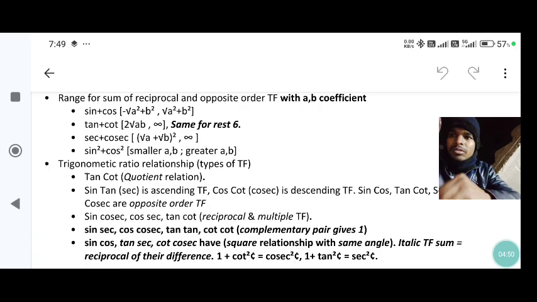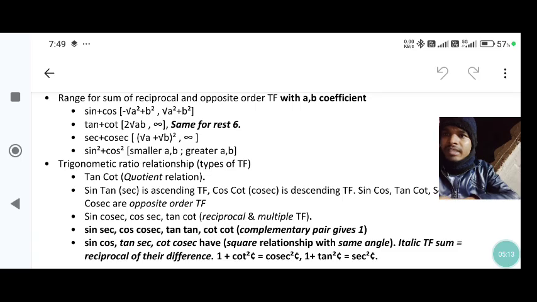Now the range for the sum of reciprocal and opposite-order trigonometric functions, with a and b as coefficients.